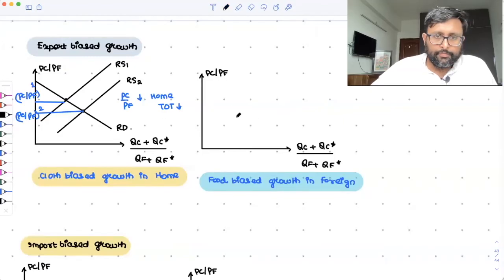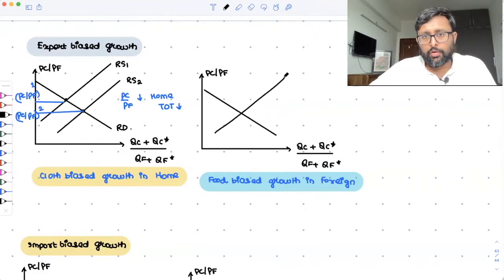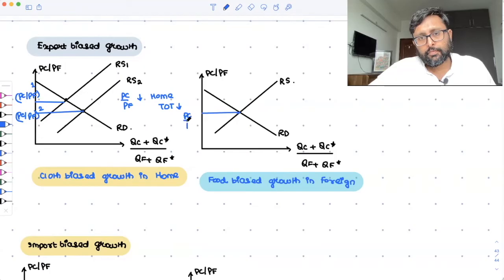What about foreign? So this was my relative demand curve, which is the same, and the relative supply curve, which is like this. PC by PF 1. Now food bias growth in foreign.